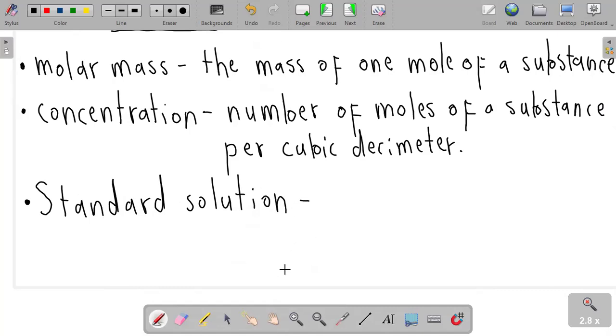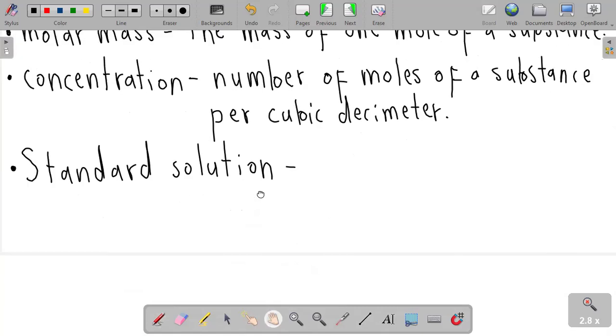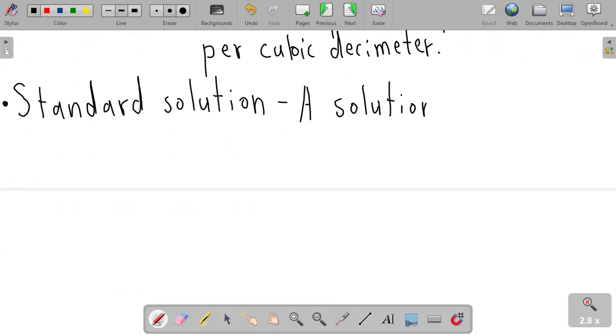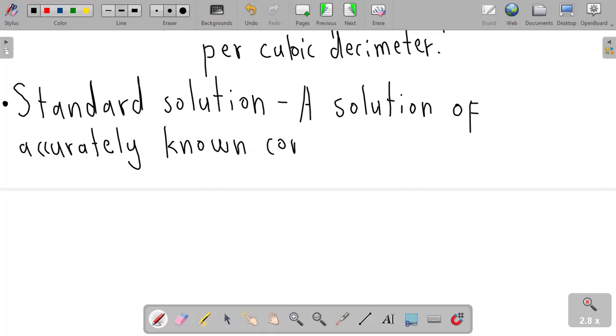This is a solution of accurately known concentration.